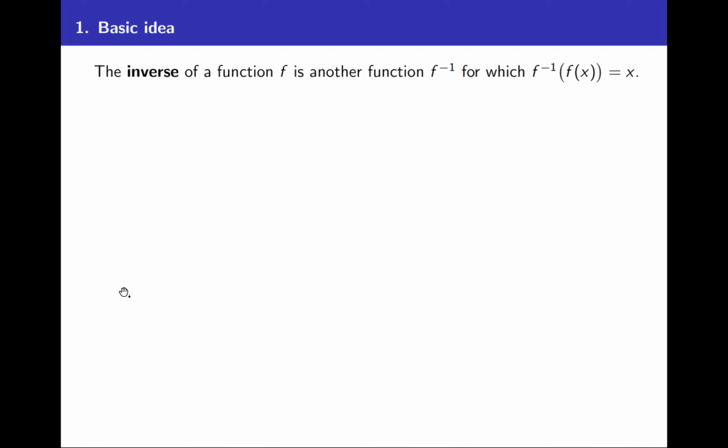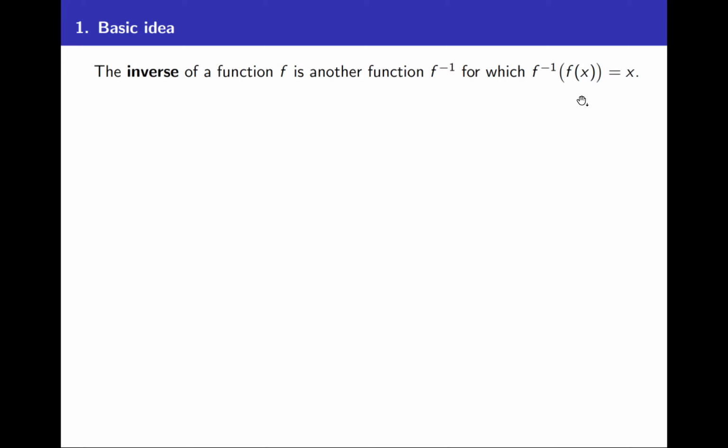Here's the basic idea. Sometimes you'll have a function f, and you'll be able to come up with a related function called its inverse, or f inverse, which we're going to denote as f to the power of minus 1, and we'll read that as f inverse. The inverse of a function f is another function f inverse, for which f inverse of f of x equals x.